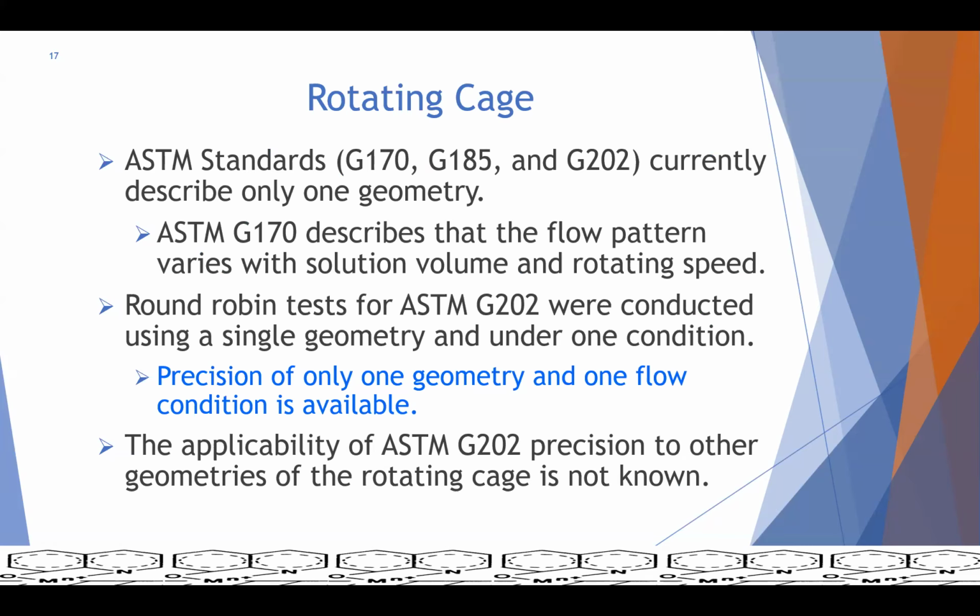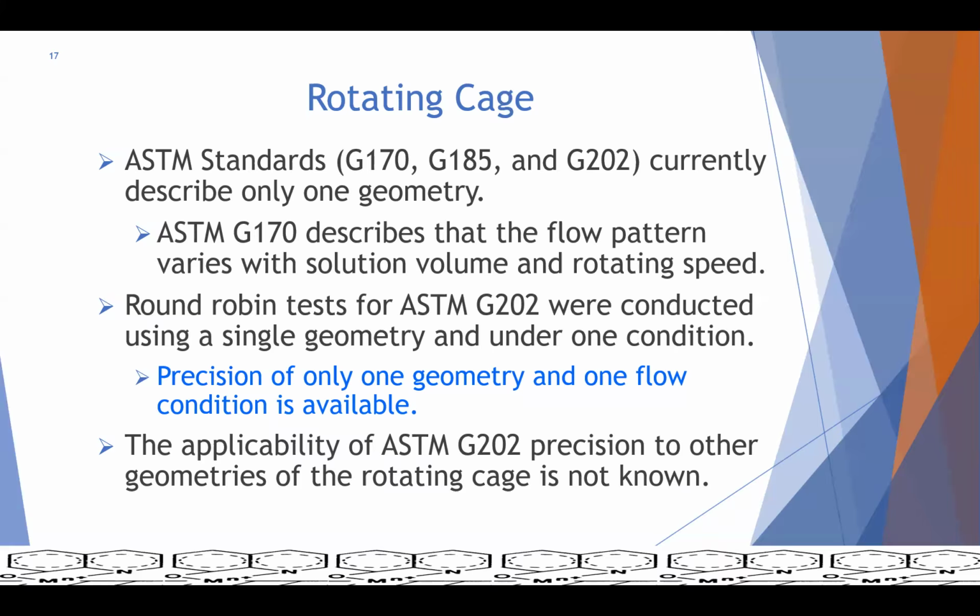And they all specify only one geometry, of which ASTM G170 describes the flow pattern and how it varies as a function of solution volume as well as rotating speed. So G170 is a guide. It talks about the flow pattern. G202 is a standard test method with known precision.